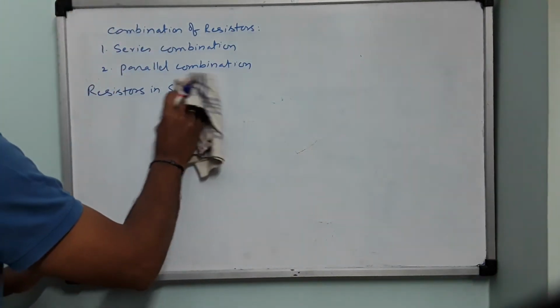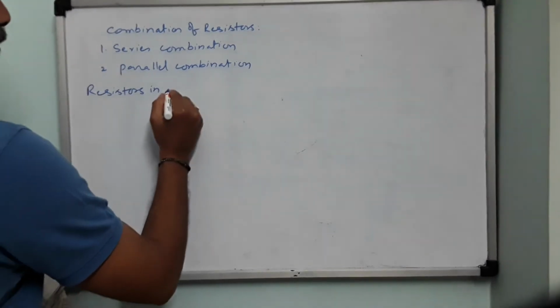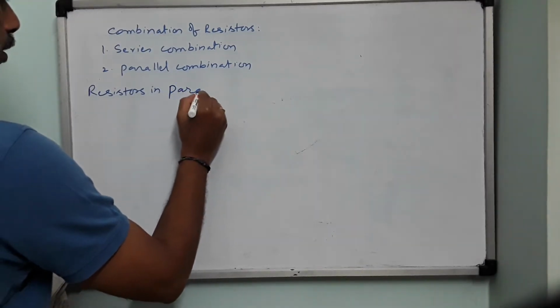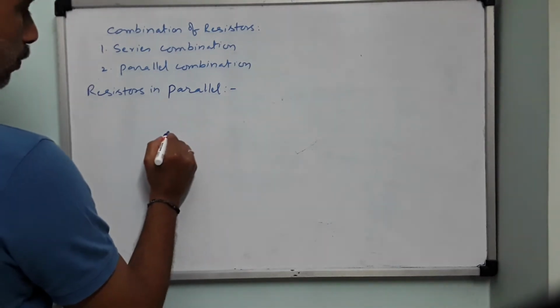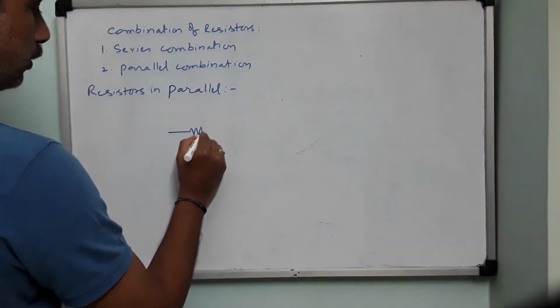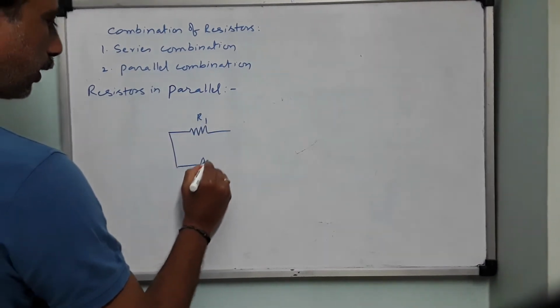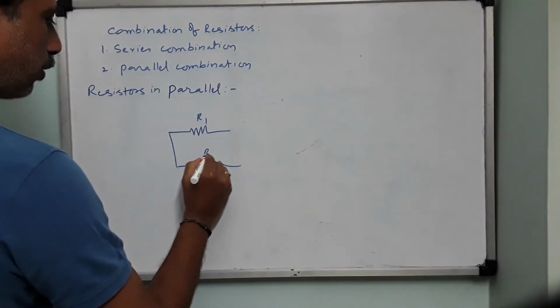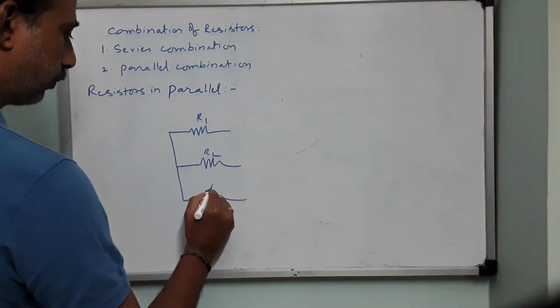So, resistors in parallel. Again we will consider 3 resistors. This is R1 and just below this we connect another resistor. This is R2 and just below this we connect R3.